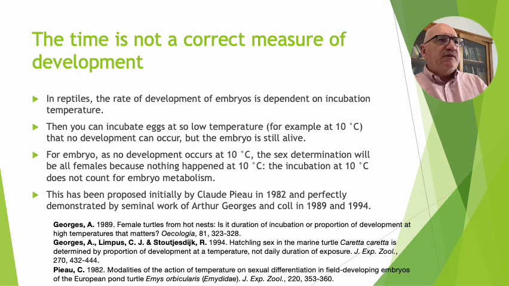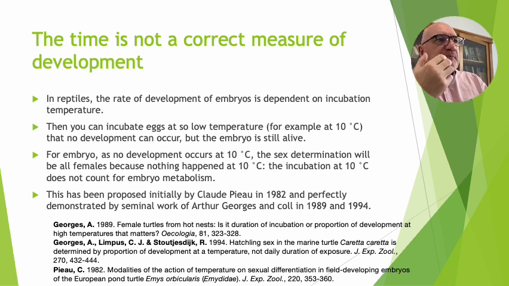Imagine it will survive. For the embryo, as no development occurs at 10 degrees Celsius, the sex determination will be all female because nothing happened at 10 degrees Celsius. The incubation at 10 degrees Celsius does not count for embryo metabolism.